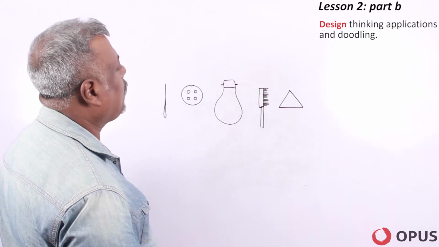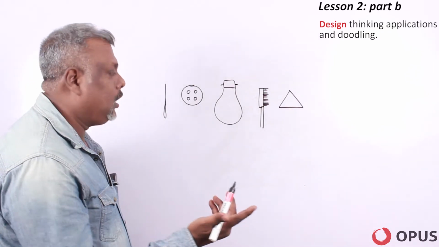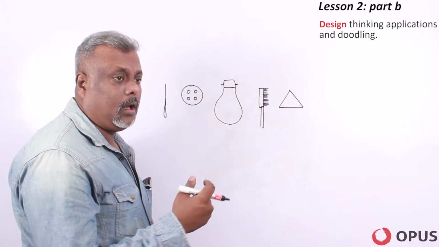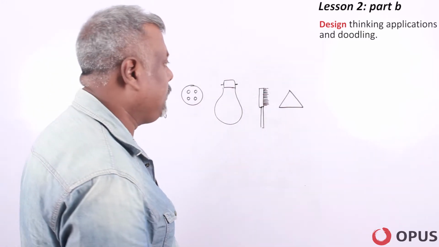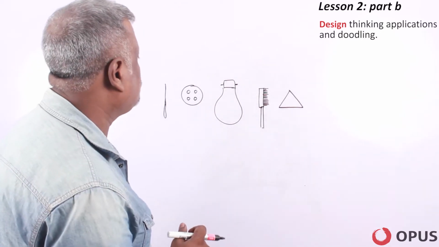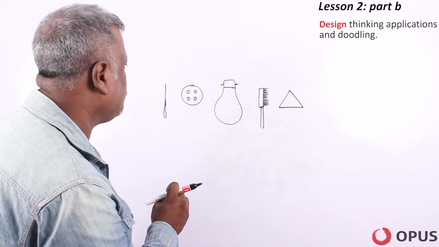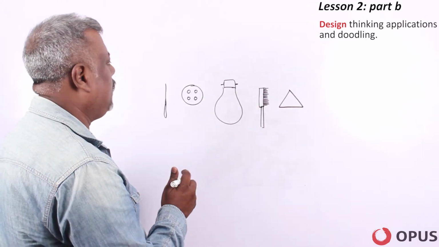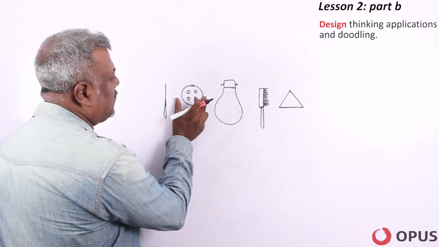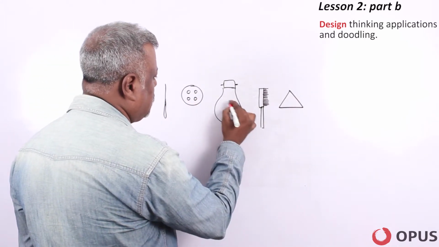So how am I going to make it, and what am I going to make? I'm not sure. I don't know. Let me try. This is the same way experimentation happens. You can't just do it like that. You have to be very sure and mature enough to handle all the things that have been provided to you. So if I happen to place this button within this, how does it help?